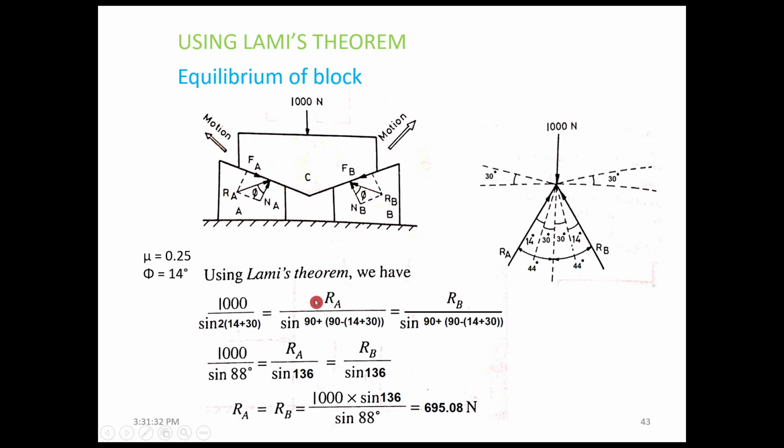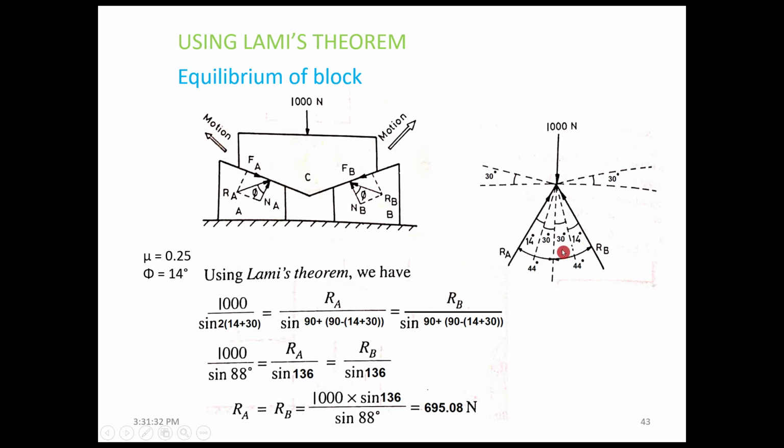By using Lami's theorem, we have 1000 divided by sine of the total angle, 2 into 14 plus 30, is equal to Ra and Rb are here. This is actually a refined figure, 1000, Ra, Rb.